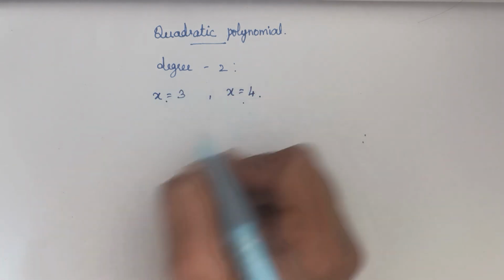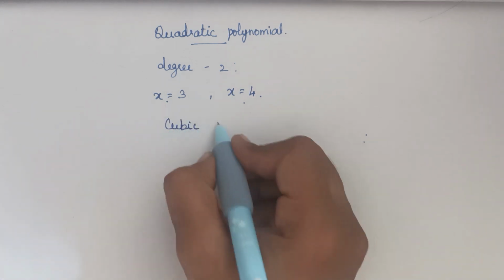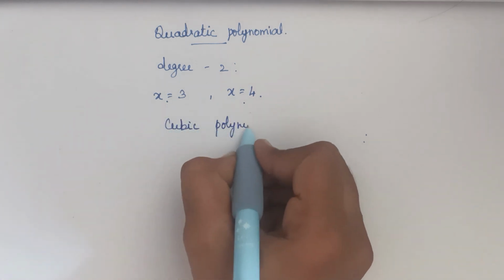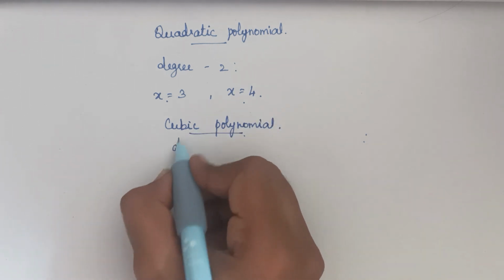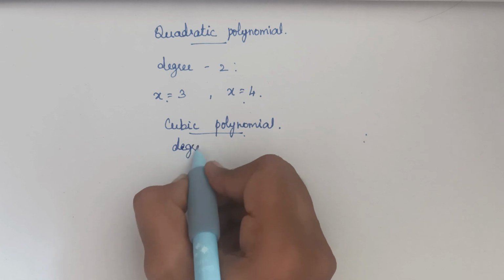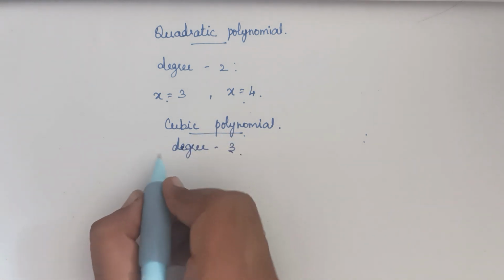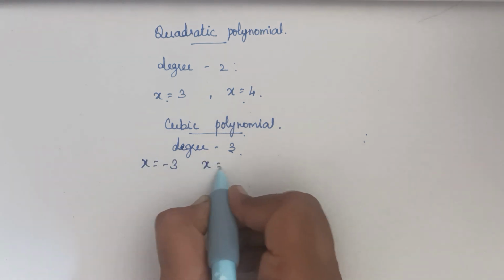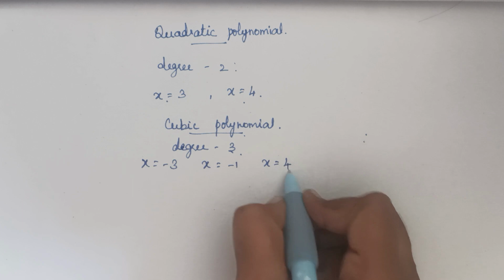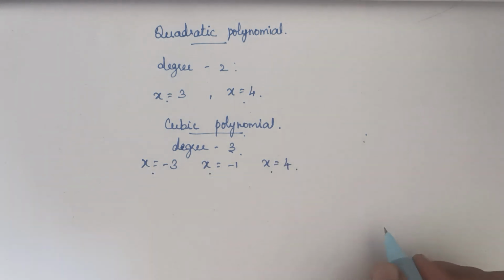Then cubic polynomial means the degree is equal to 3. So we will get 3 values for x. For example, x is equal to minus 3, x is equal to minus 1, x is equal to 4. Likewise, we will get 3 values for x.